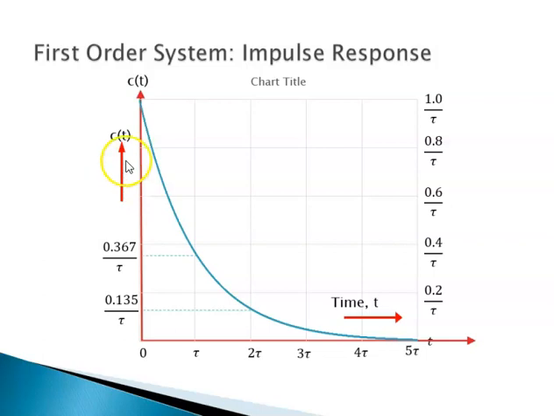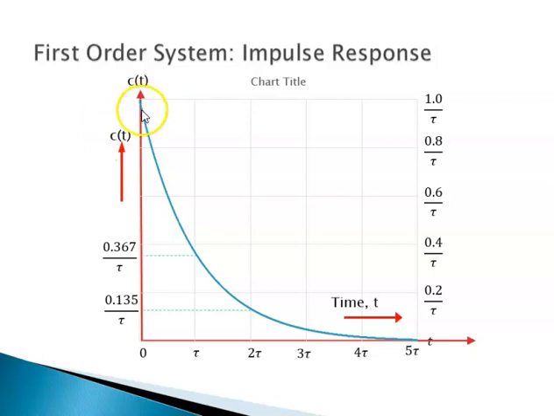And this is the response of the system. You can see that at 1 time constant tau, it will be at 0.367 by tau. At 2 time constants, it is 0.135 over tau, and then it gradually approaches the x-axis exponentially.